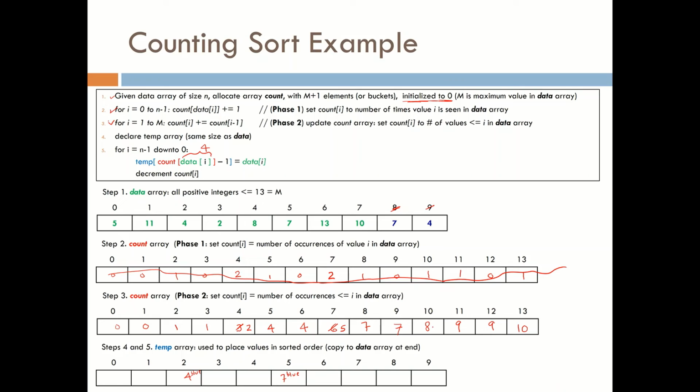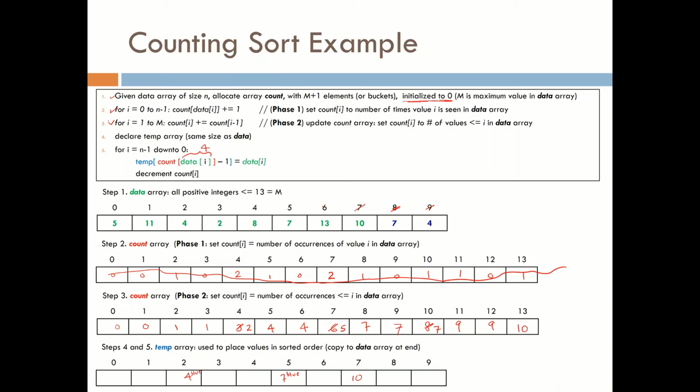I subtract 1 from the 8, that gives me 7, and I place the 10 here, and then I decrement. Okay, so I decrement this to a 7. And we've done this one.